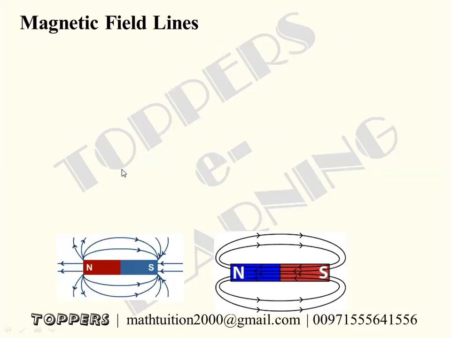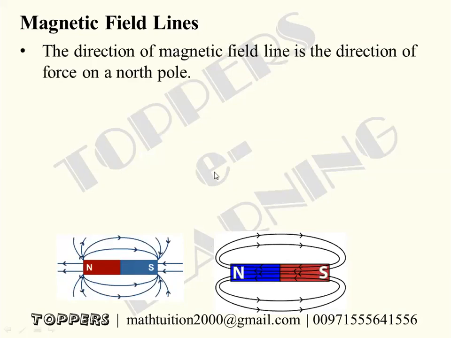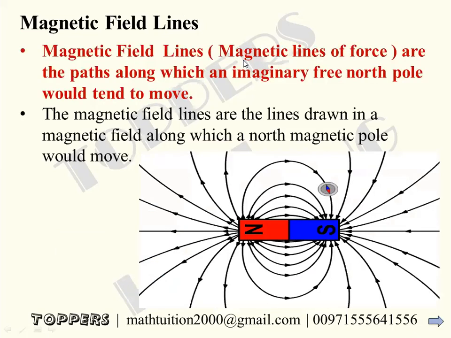Now, more on magnetic field lines. The direction of magnetic field line is the direction of the force on a north pole. Suppose we place a north pole in the magnetic field; the direction in which it experiences a force will be the direction of the magnetic field. See the previous slide, I have shown you this.